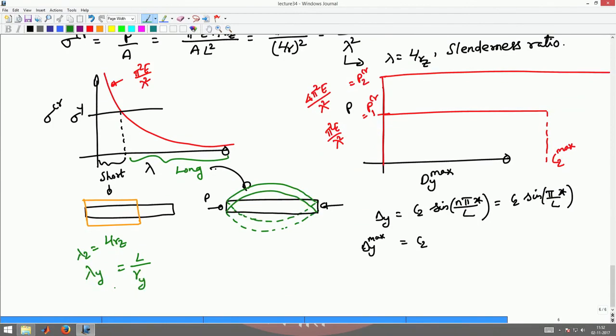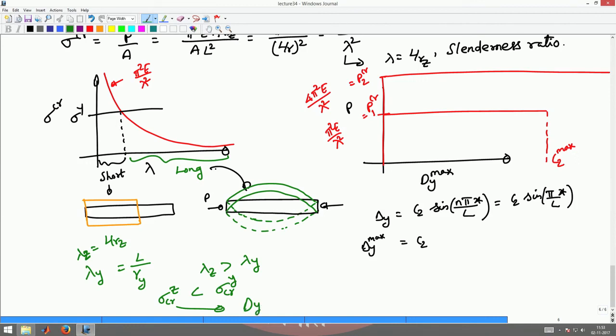So, if lambda z is greater than lambda y, then sigma critical for the z axis would be lesser than sigma critical for the y axis. If this happens, since sigma critical along the z axis is less, it has to deform along the delta y direction; it should show a delta y deflection.